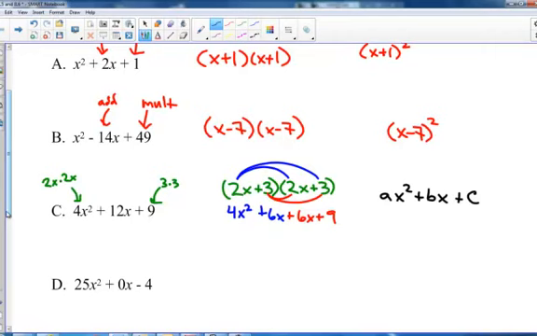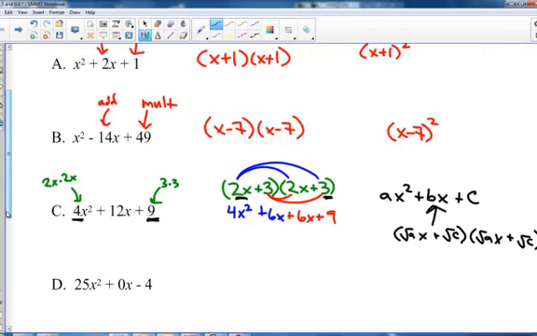plus 6x plus 9. If you think about ax squared plus bx plus c, this b would have to be double the square root of a and the square root of c. How this is factoring is it's the square root of a plus the square root of c, because the square root of 4 is 2 and the square root of 9 is 3.